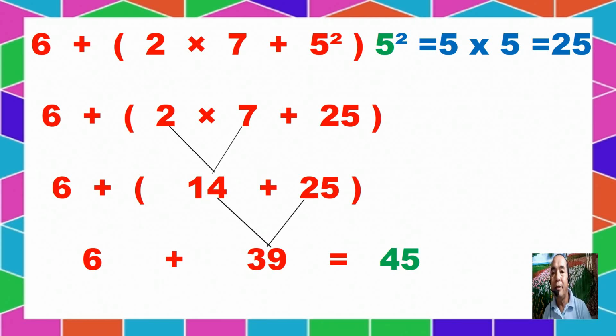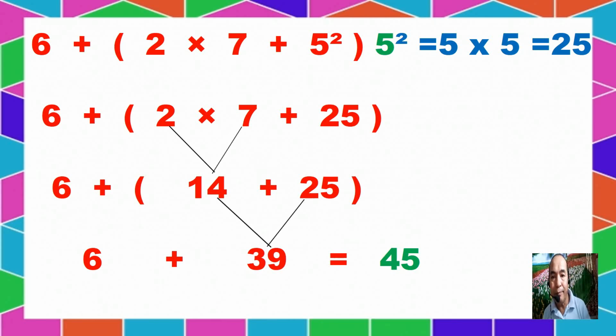So, we were now able to get the value of the exponential number. We will proceed in performing the operation inside the parentheses. We have two operations: multiplication and addition. Of course, we will perform multiplication first because this is contained in rule number 3. So, we multiply 2 times 7, which will give us 14. The remaining operation inside the parentheses is 14 plus 25.